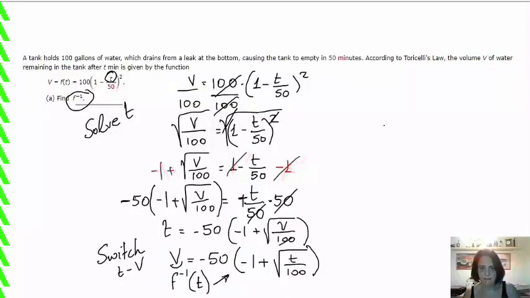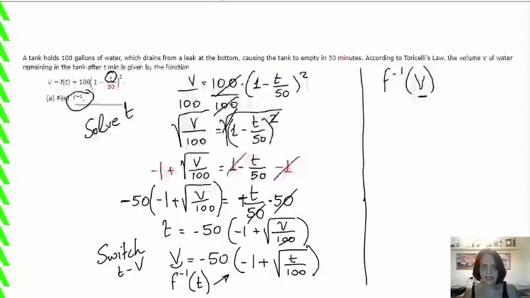That's your answer. Now at the next step, I also want to calculate the value of the inverse of f at point v. So what does this mean? This means that inside my f inverse of t here, I want to replace the t with v.